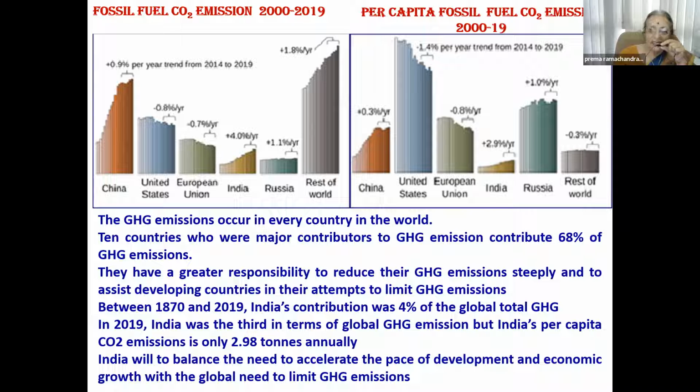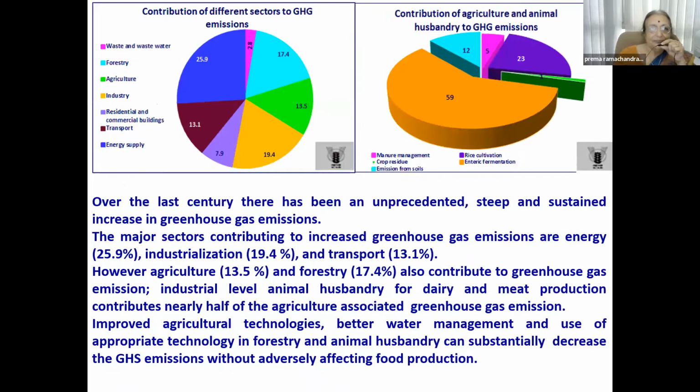And there is a desperate need for developed countries with lower population density to invest not only in reduction of their own emissions, but also economically and technologically assist the other countries in reducing their emissions. I would also like you to have a look at this. Greenhouse gas emissions are not totally because of carbon burning.